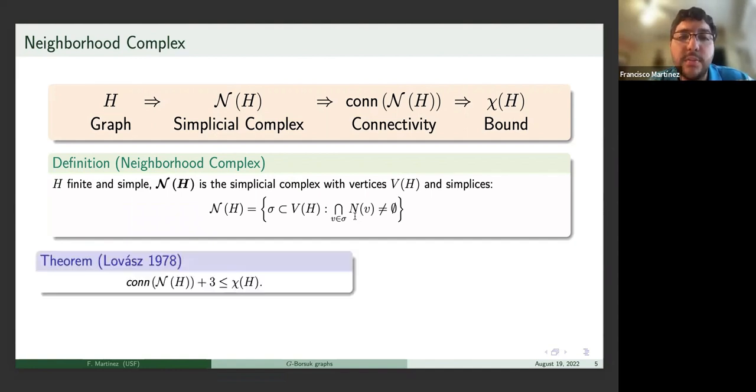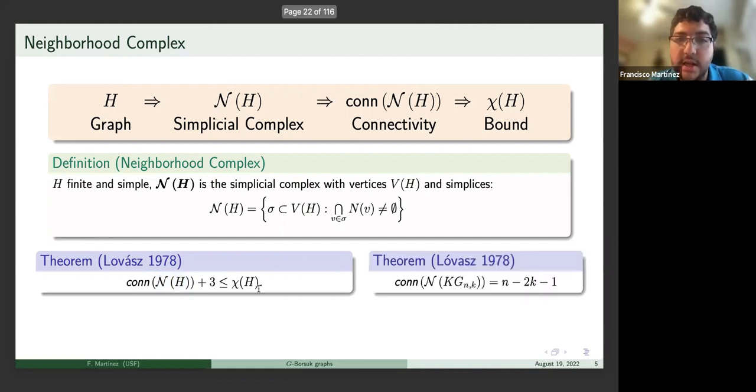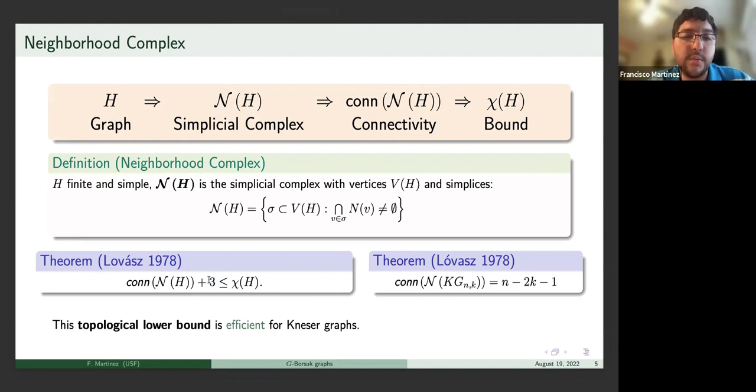And then he was able to prove that the connectivity of this space, and by connectivity we mean the maximum k such that all the homotopy groups up to order k of this simplicial complex are 0, plus 3, is always a lower bound to the chromatic number of H. Then he computed this connectivity for the family of Kneser graphs, getting n minus 2k minus 1. And then by adding 3, we have the lower bound that we needed.